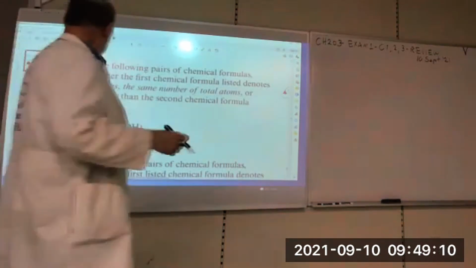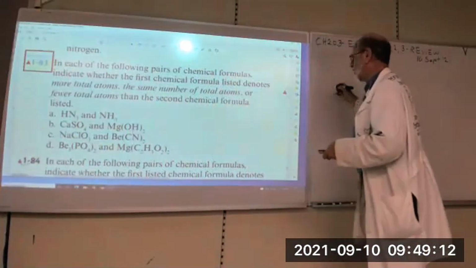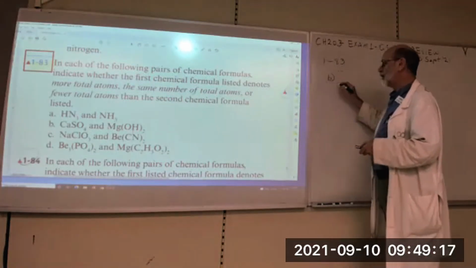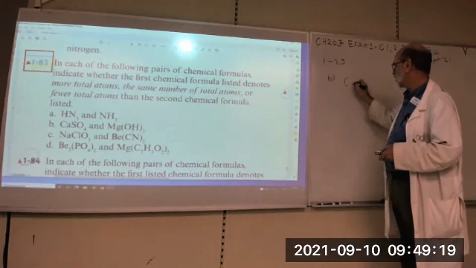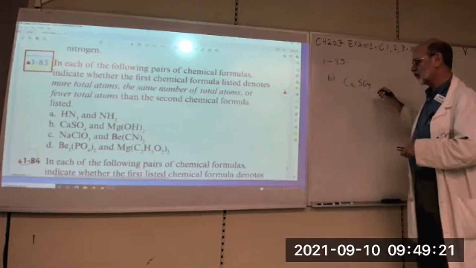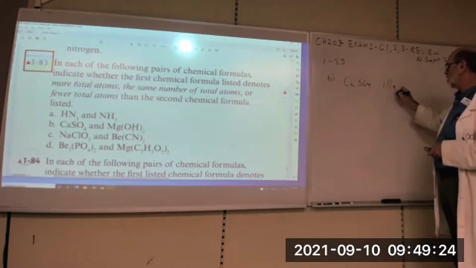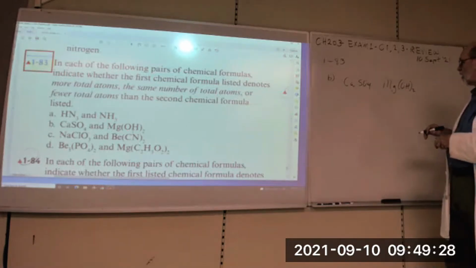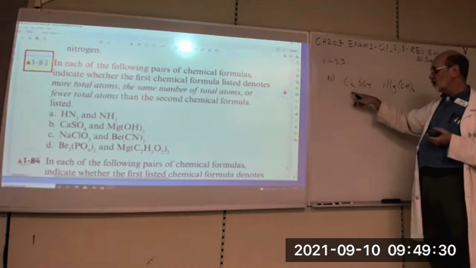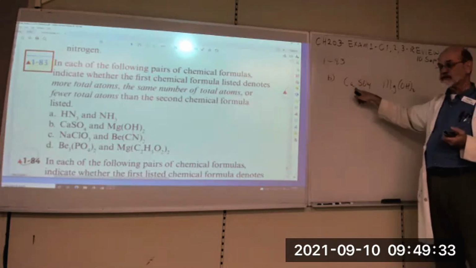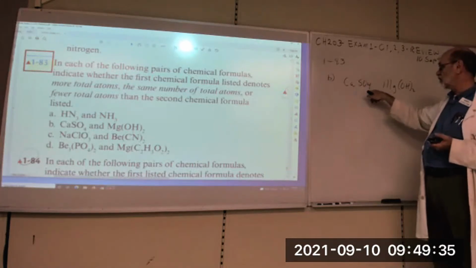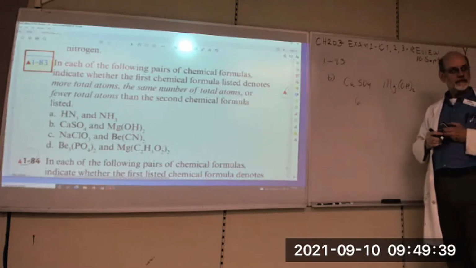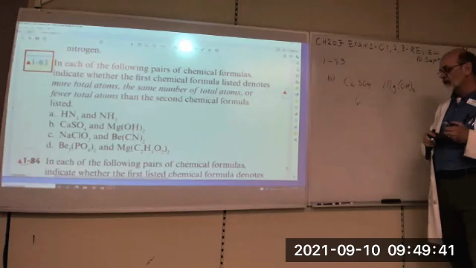Okay, B. We're looking at calcium sulfate versus magnesium hydroxide. Total atoms, this one should be easy. Just add up your subscripts. 1 plus 1 is 2, plus 4 is 6. 6 atoms.